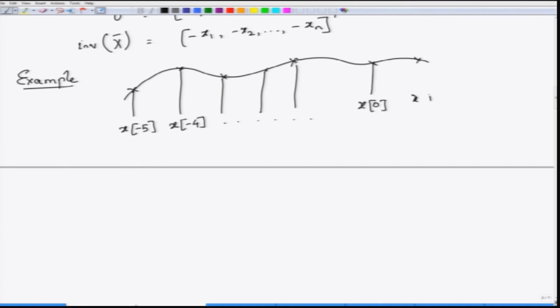This is x of 1 and so on, where these numbers in the square bracket denote the time, that is the kth sample x of k was taken at a time t equal to k into T, where capital T is the sampling period that I have used to obtain the discrete signal.